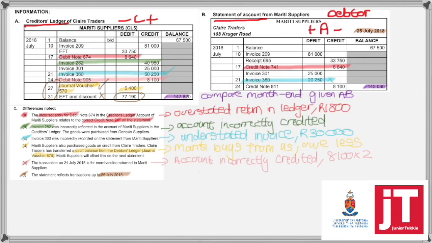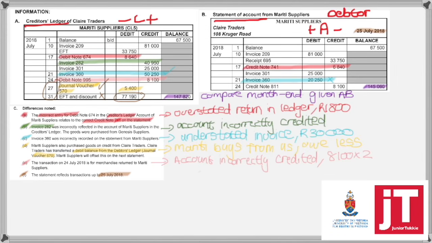Looking at our last transaction, number F, the statement reflects transactions up to the 25th of July 2018. So it means that any transaction recorded in a creditor's ledger after the 25th means it will not appear on the statement received from our supplier. So if I look at the creditor's ledger, the 27th, the journal voucher, we've already done that in transaction number D. So now on the 31st, EFT and discount means that we have made a payment.